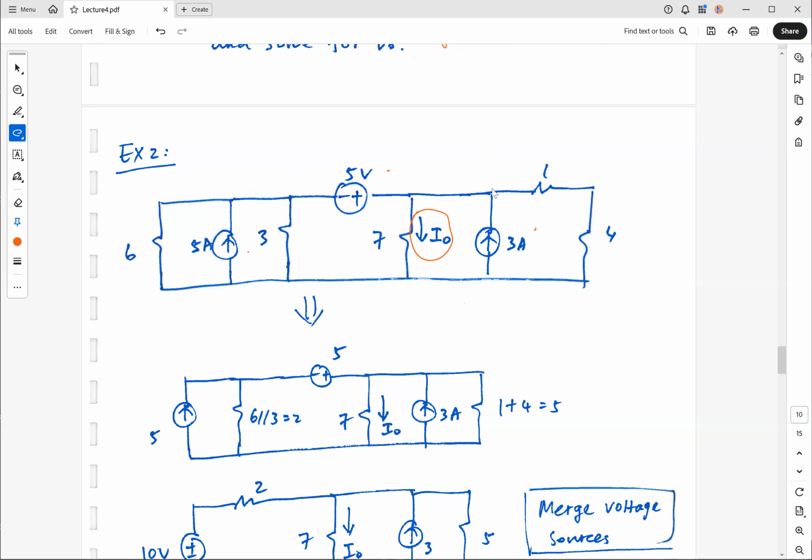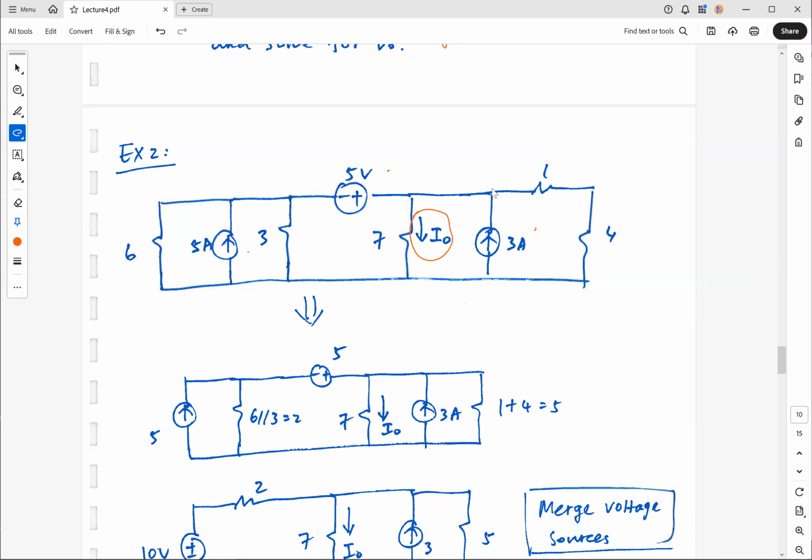I can simplify the circuit as much as I can, so that hopefully it can be something as simple as a voltage source with 2 resistors, or a current source with 2 resistors, because if I can simplify my circuit down to something that simple, then I can always use voltage division or current division to find the voltage or the current easily.